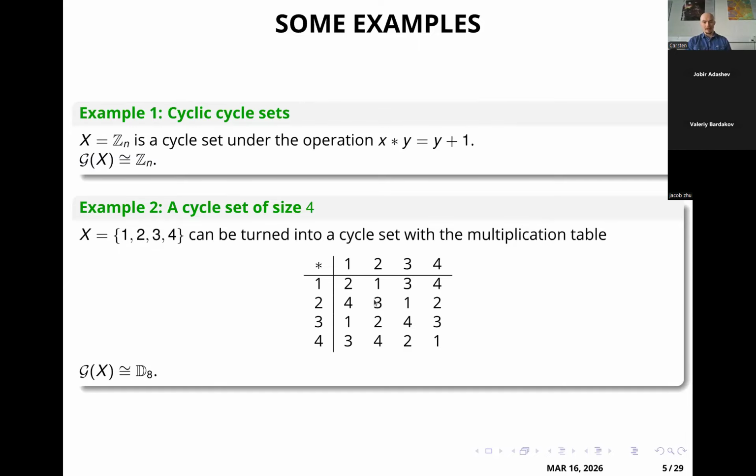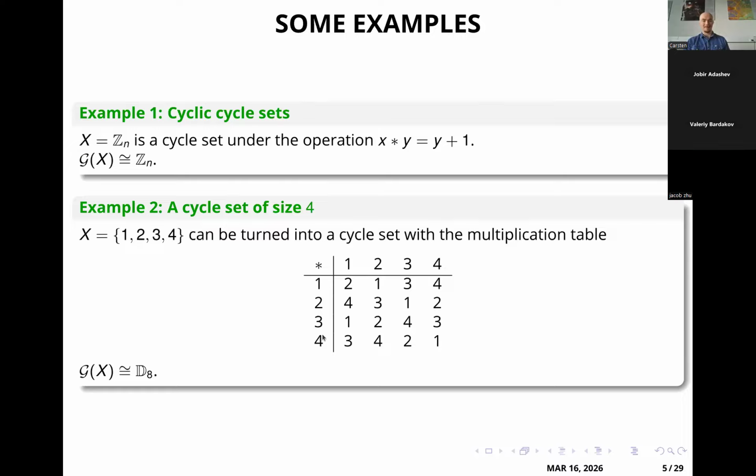And what we see here is something very specific, namely that the rows of the multiplication table are different. One might assume that a generic cycle set should always have different rows, or very often, but this is wrong.